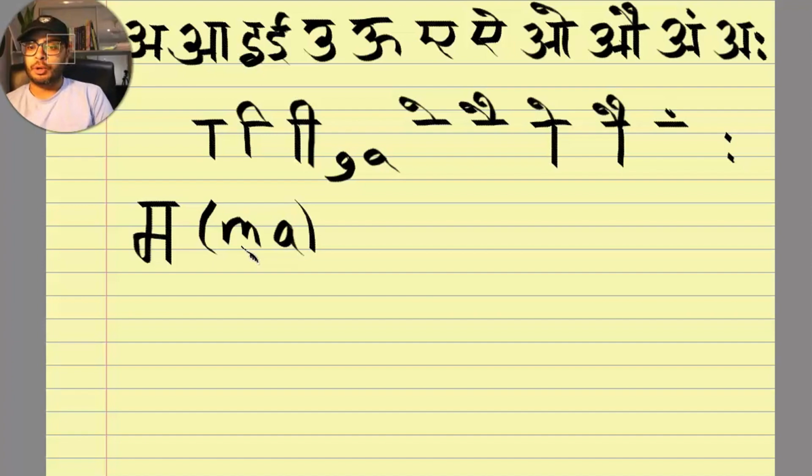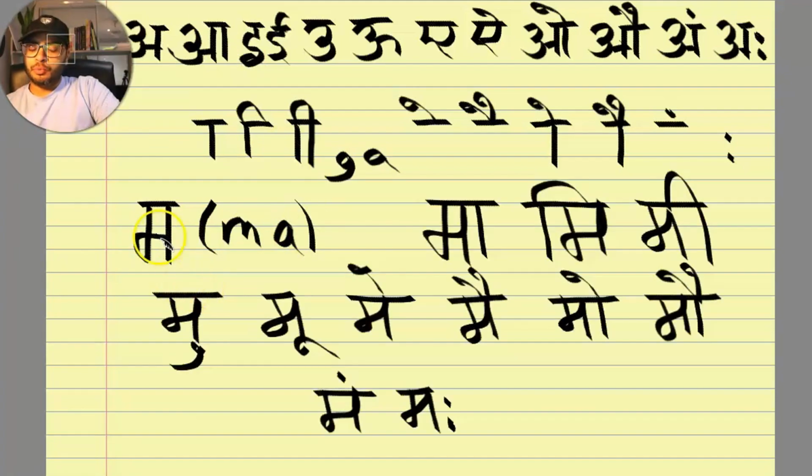And a word in Nepali that uses this sound would be something like maya. Maya means love. Barakhari for this sound would be ma, mi, mu, me, mai, mo, mum, ma.